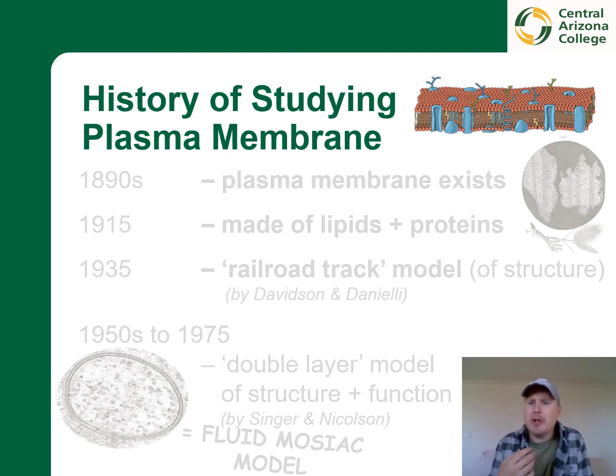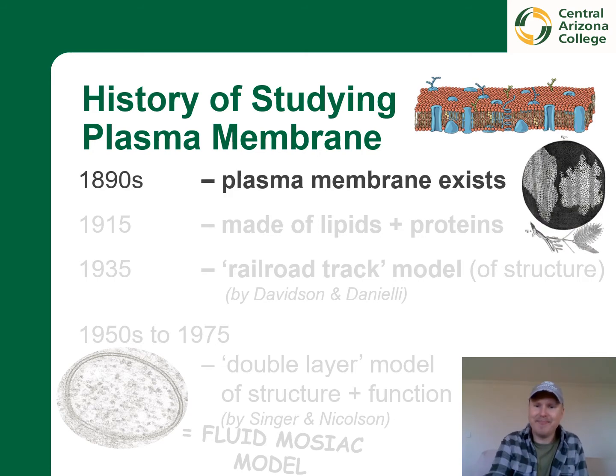What I would like to do next is to talk a little bit about the history of how we came up with our current understanding of the plasma membrane and what it is made of and what it does. What is amazing in my view is the fact that the plasma membrane was first identified already in the 1890s. Remember, Robert Hooke talked about these minute pockets.